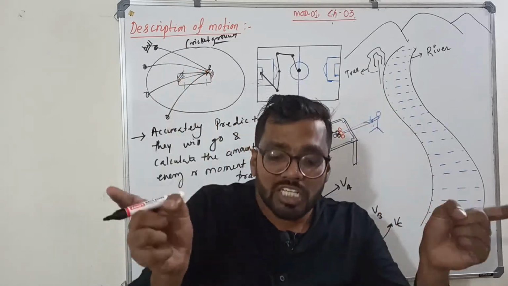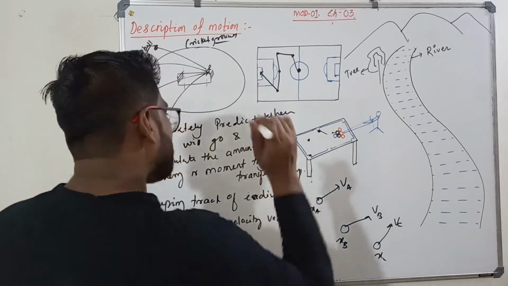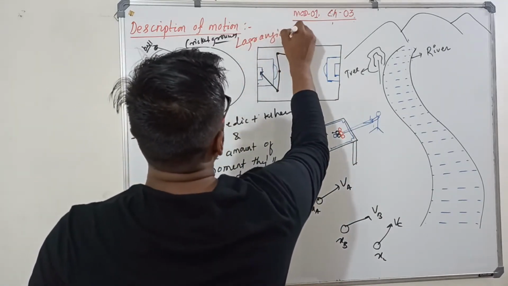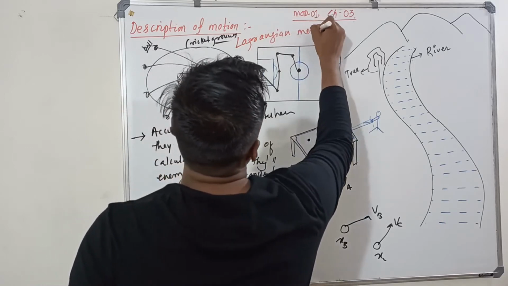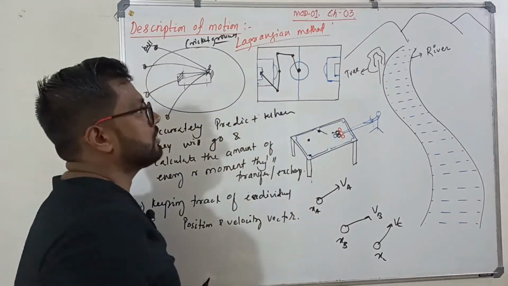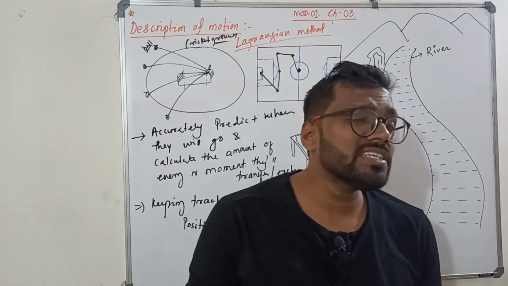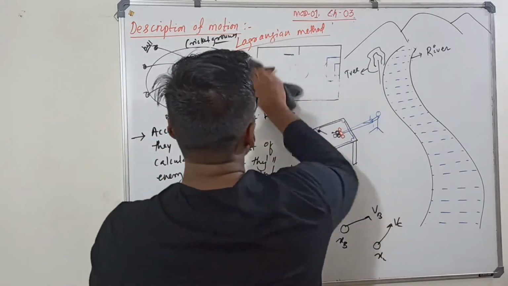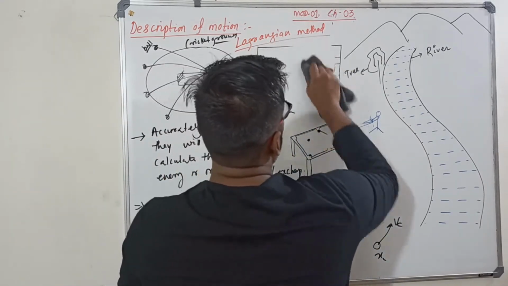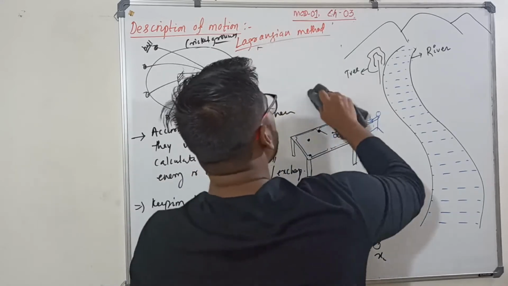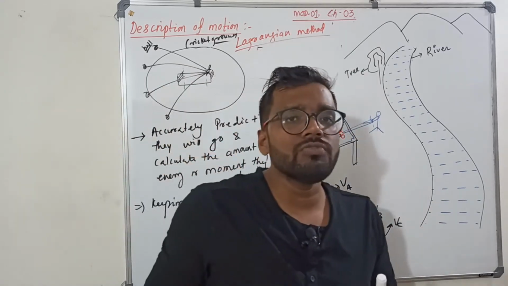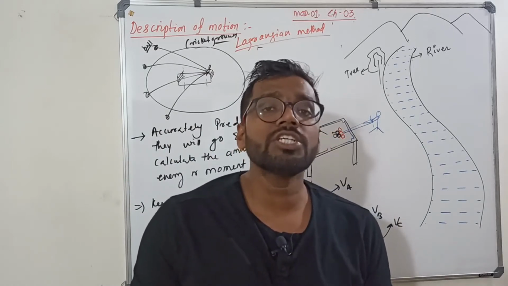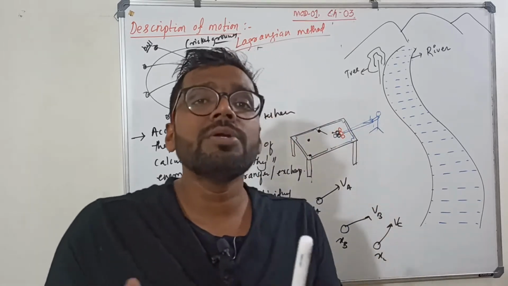Such a method is known as the Lagrangian method of description of motion. Lagrange was an Italian scientist who gave a method, and he told us that in order to predict the motion of a fluid, we need to go for the position and velocity vector of individual fluid particles.